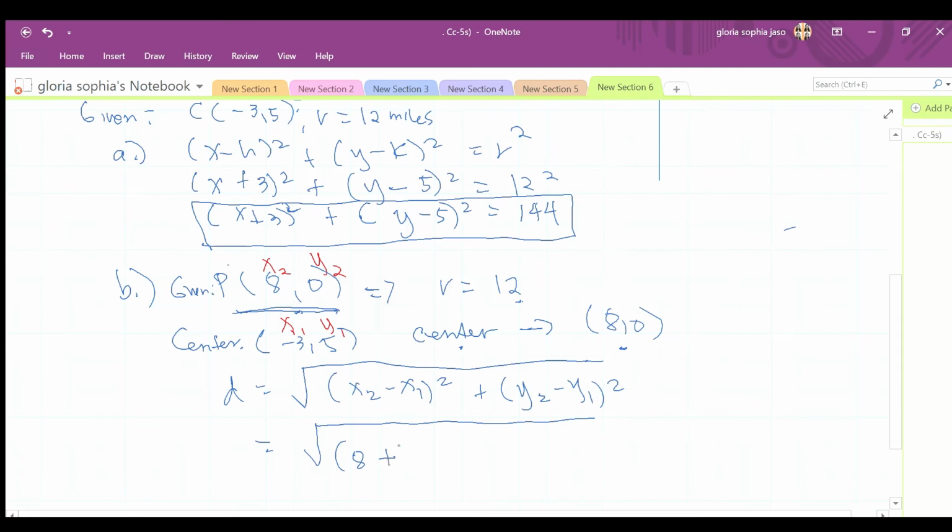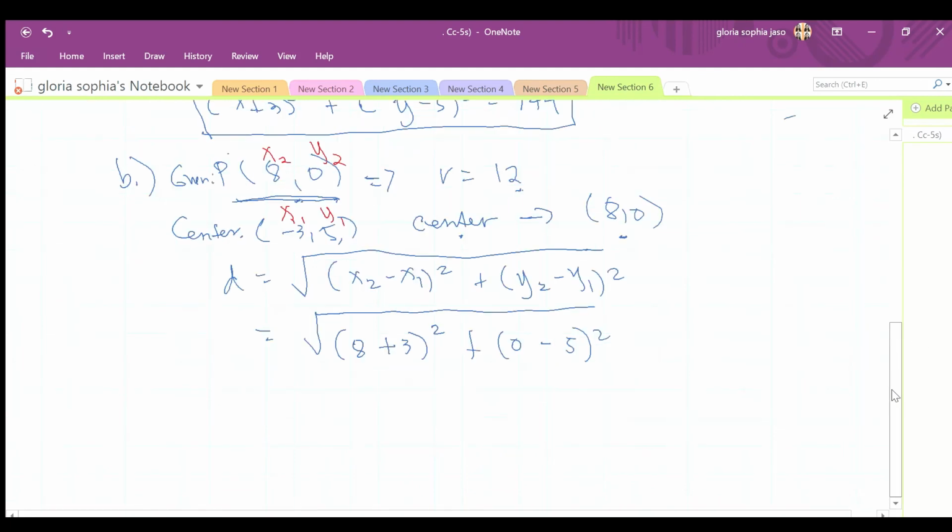So, minus negative 3, we can write it as positive now, squared, plus y sub 2, which is 0, minus 5, squared. Simplifying: 8 plus 3 is 11, and its square is 121, plus negative 5 squared, that's 25.